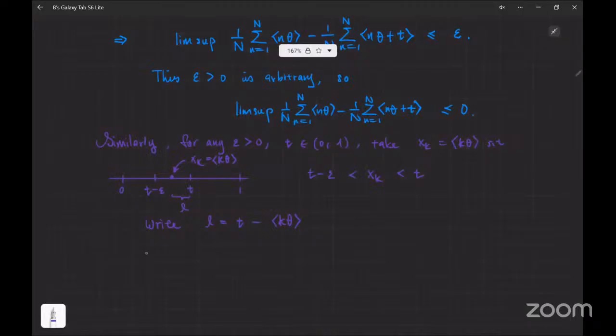What happens for any positive integer n? Let's examine the same thing, n theta plus L this time. So what I want?